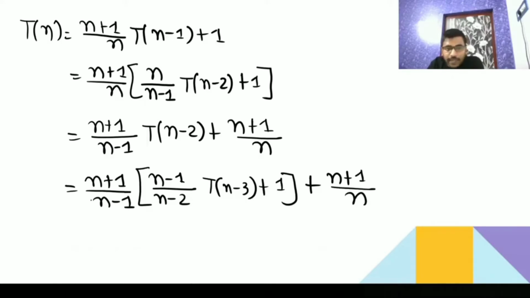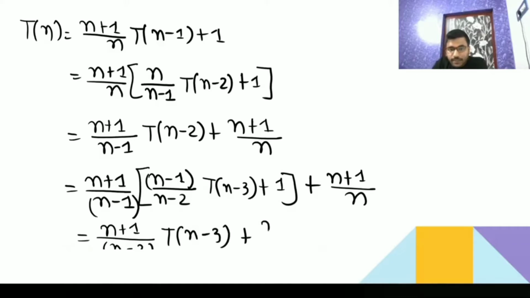If you expand that, the thing in the denominator is also in the numerator, so it cancels out. You get n plus 1 over n minus 2 times Tn minus 3, plus n plus 1 over n minus 1, plus n plus 1 over n. If you're done with the writing, let me know.